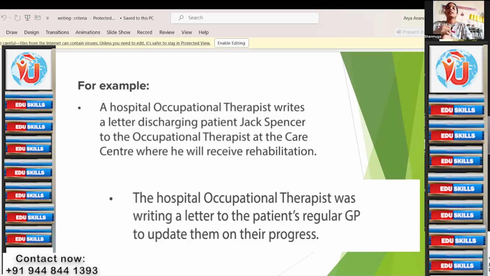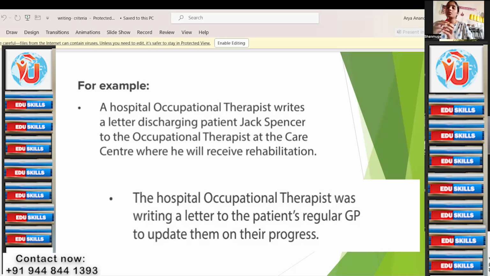And the second one is, the hospital occupational therapist was writing a letter to a patient's regular GP. It means they have an existing relationship, because the patient's regular GP means the patient knows the doctor. In that case, we have to give an update to the doctor, what happened, what his inabilities are, what his abilities are.